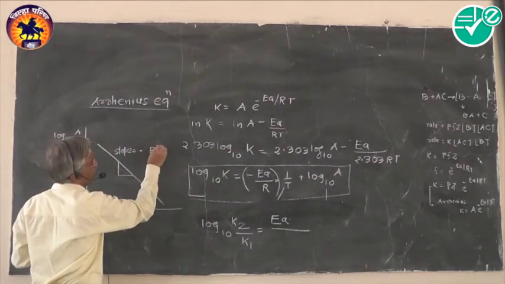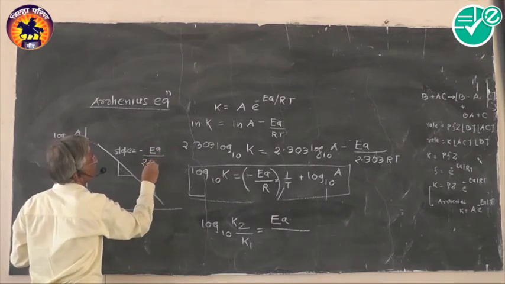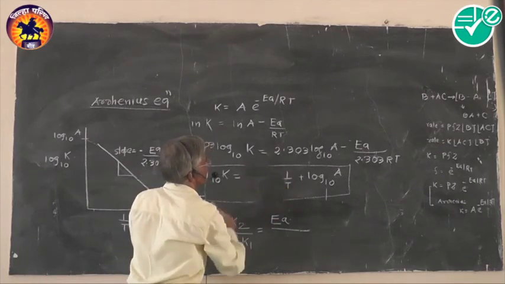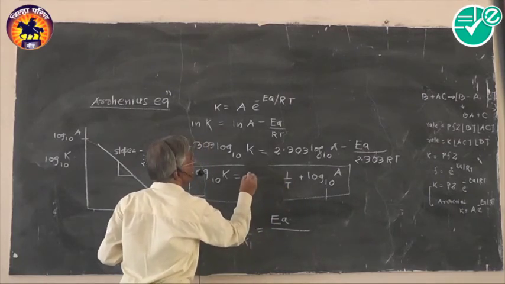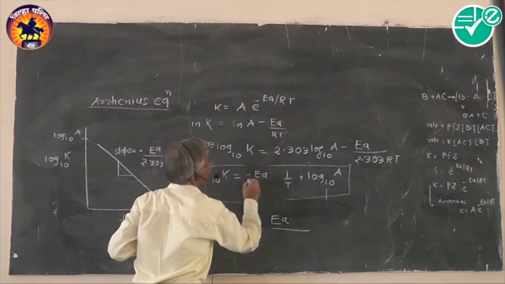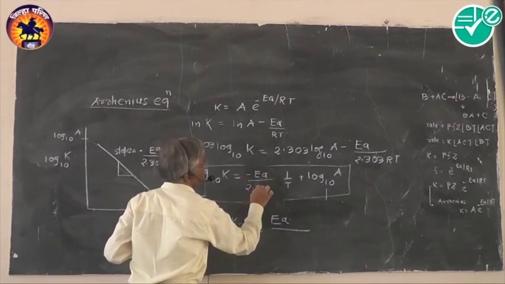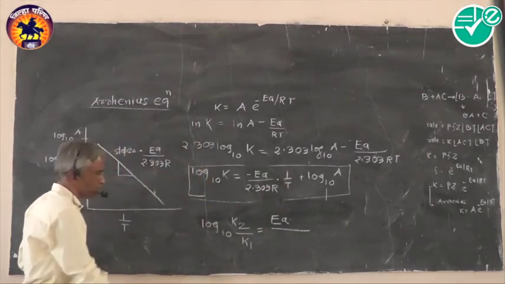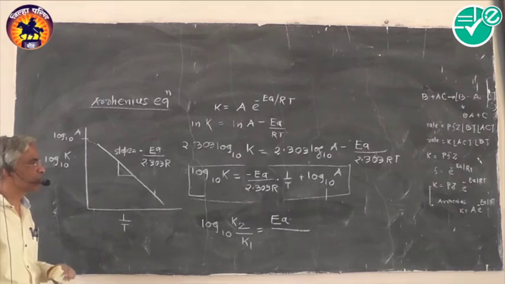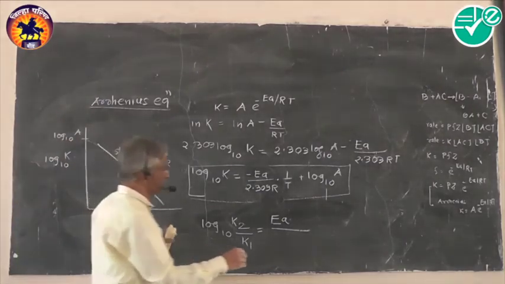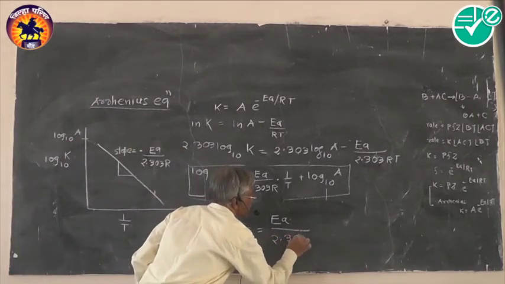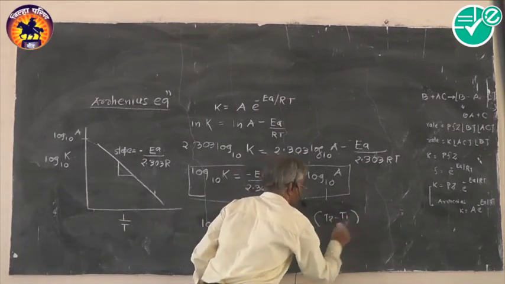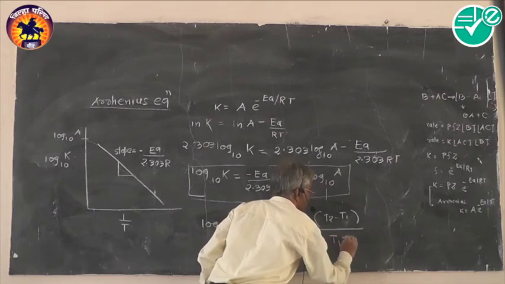Therefore slope will be equal to minus EA upon 2.303 R, multiplied by 1 upon T. So log to the base 10 K2 upon K1 is equal to EA divided by 2.303 R, in bracket T2 minus T1 divided by T1 T2.